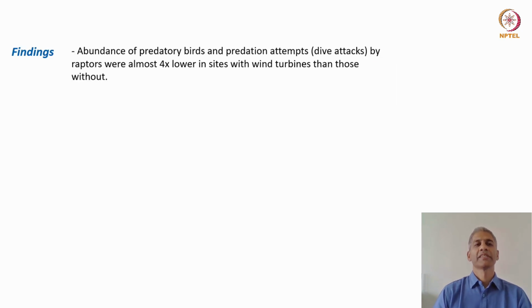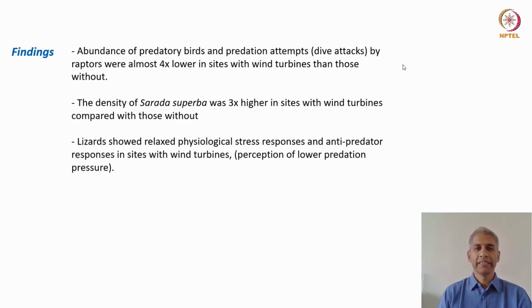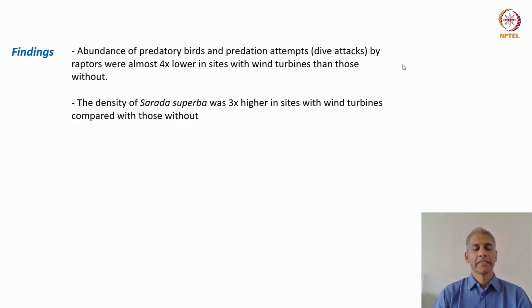So these were the findings of their study: the abundance of predatory birds was almost four times lower in sites with wind turbines than those without. And similarly, the density of the fan-throated lizard, or their population, was 3 times higher in sites with wind turbines compared to those without.